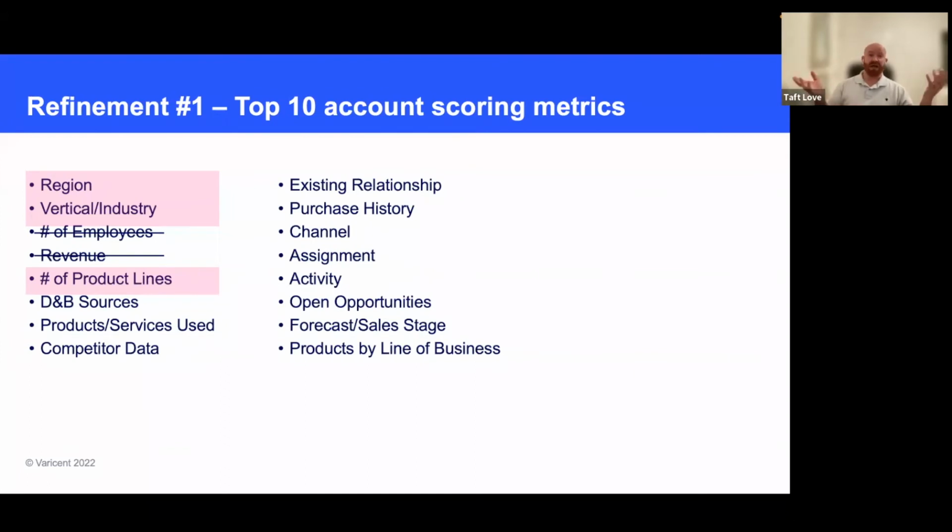Or maybe it could mean how many different product lines do they sell, depending on what software you're selling. A company that sells a bunch of different product lines might have a higher score than others. So this one I left in just because it was interesting. It's likely to be very important to a narrow subset of the audience, but a good example of one that could be unique to your company.